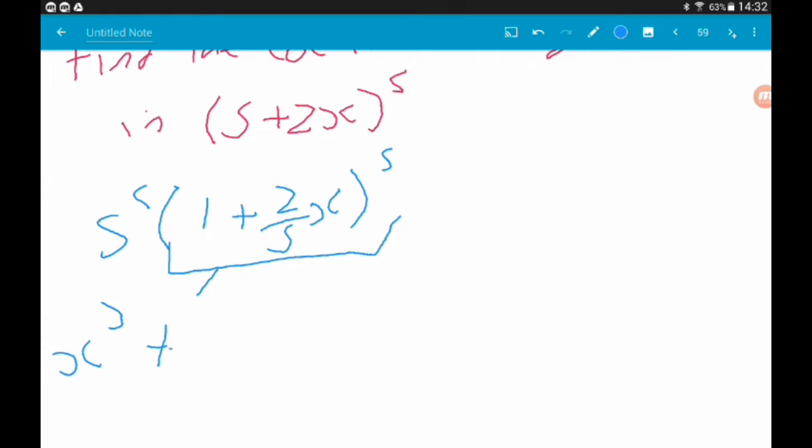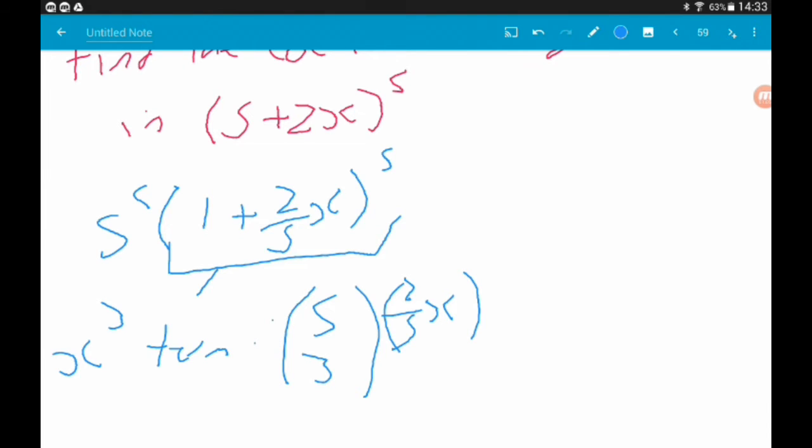So, this is going to be 5 choose 3 lots of 2/5 x to the power 3.